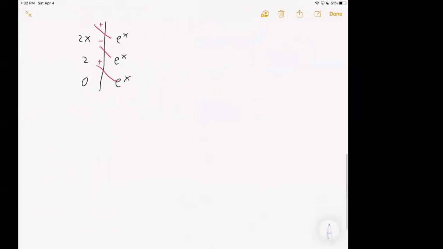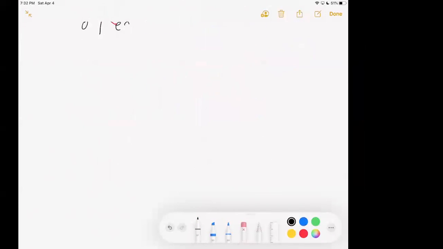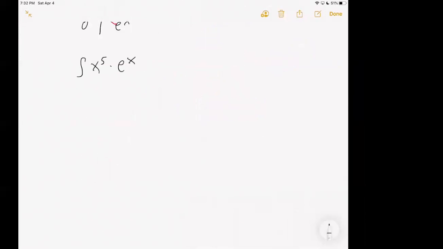So we can do more interesting, higher power ones. Let's do the integral of x to the 5th e to the x dx. You would not want to do this through iterations, but with our little chart, you have u, you have dv, x to the 5th, e to the x, 5x to the 4th.